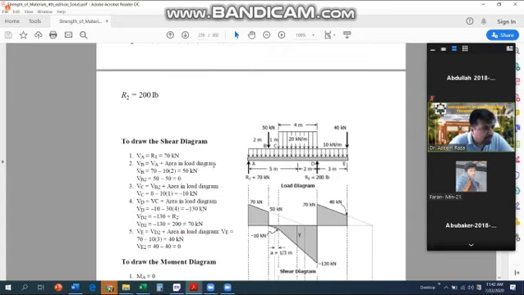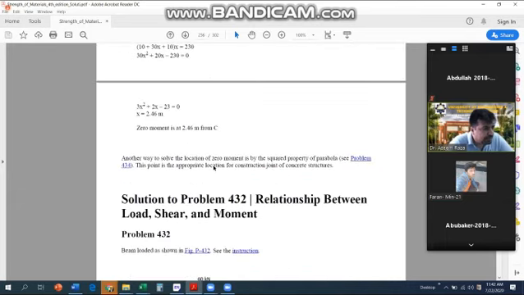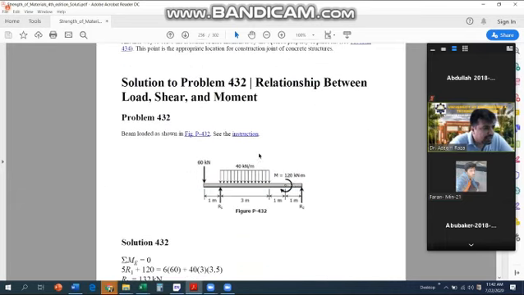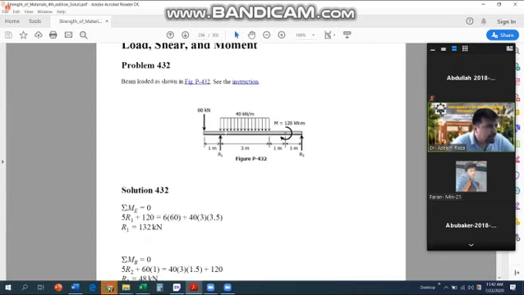Fine. Let's try to understand this 431, or maybe something else that has a moment built into it as well. So 432. Similarly, we have a simply supported beam supported at 2 points, R1 and R2. One constant varying load of 40 kilonewtons per meter over a distance of 3 meters.